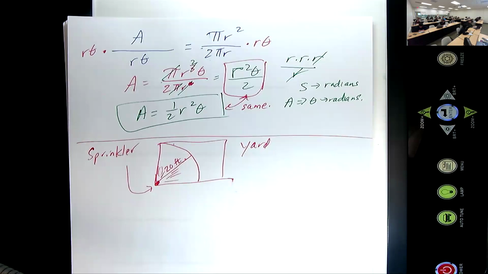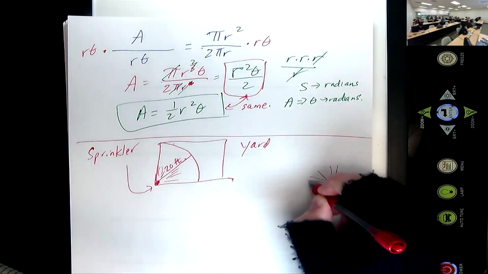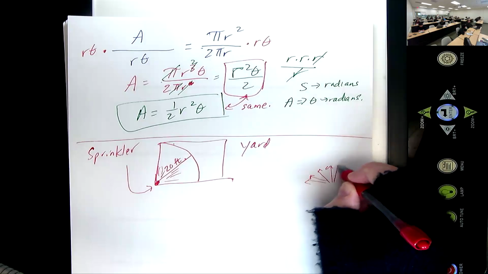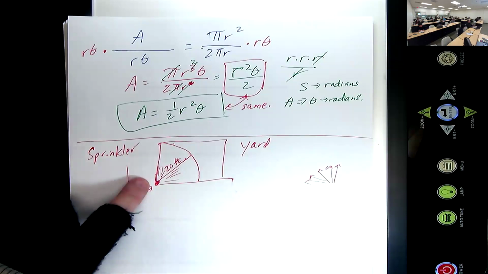I don't know if you ever looked at a sprinkler, some of them spray out in all directions at once. Some of them do this rotating thing where they shoot a little pulse and keep ticking as it goes over until it gets to the end of its rotation, and then it goes all the way back to the beginning.